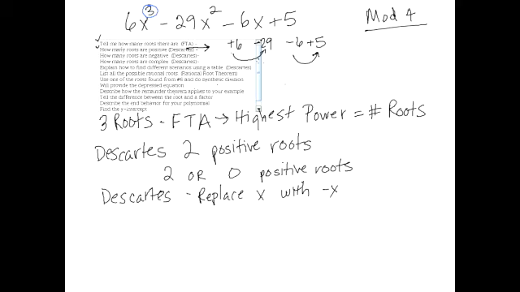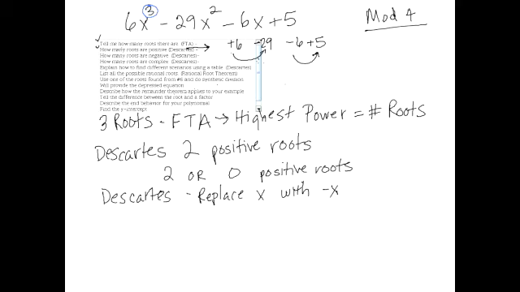Now the shortcut is simply this: if you replace x with negative x, the only signs that are going to be affected are going to be the odd-powered signs.